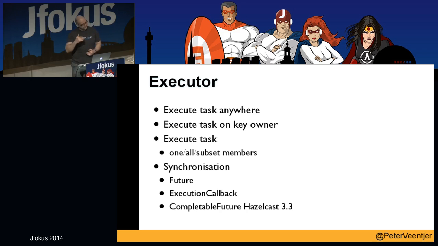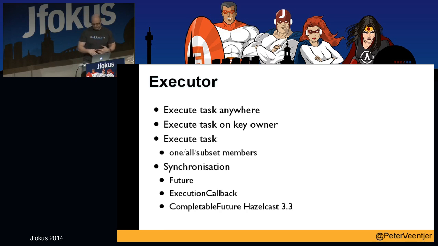Then, if you get a call to process a runnable or a callable, you look up in the map which machine has the least amount of load. You get back a member, and you just can call execute on member. So this way you can do custom load balancing. Probably this is going to be added as an out-of-the-box feature in a future version of Hazelcast, but currently you can do your own load balancing by making use of these methods.